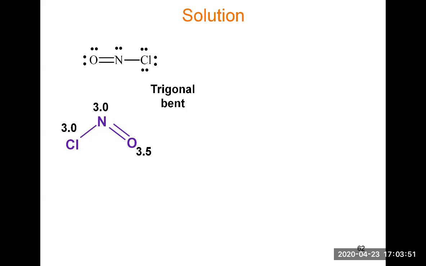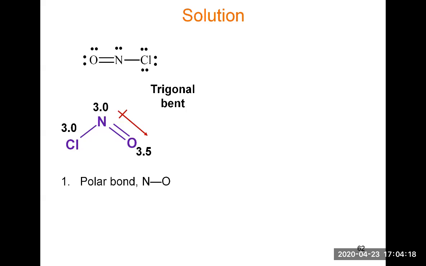So there is no polar bonds there. The electronegativity difference between nitrogen and oxygen is 3.5. So the NO bond is polar, and it's polar towards the oxygen, towards the more electronegative element. So we have a dipole going from nitrogen towards oxygen.